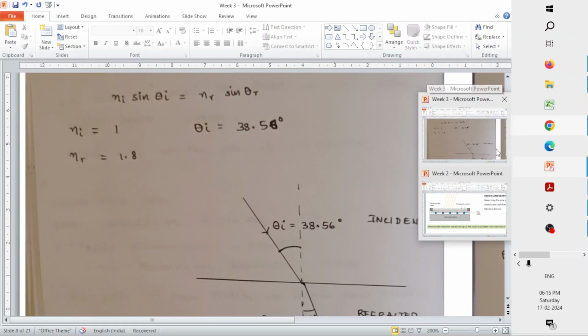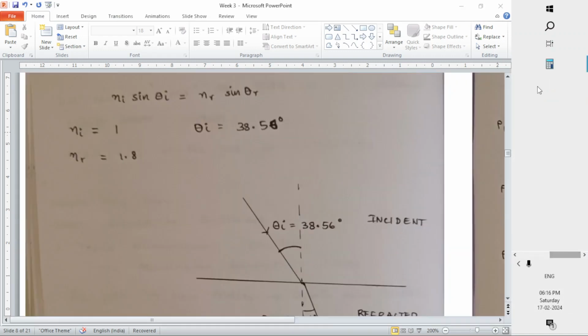So let's calculate the angle of refraction. Let me just use the calculator.